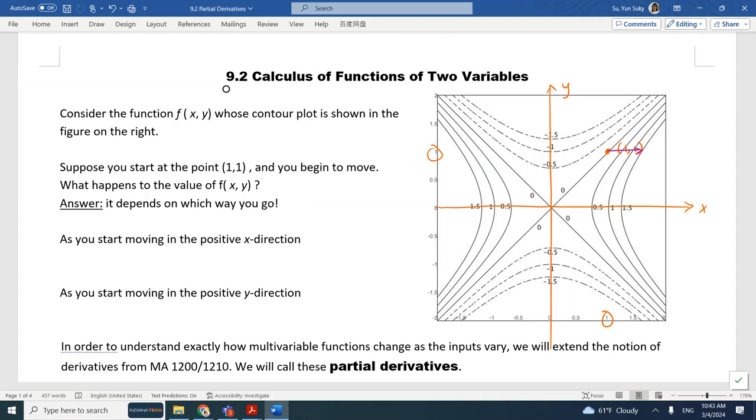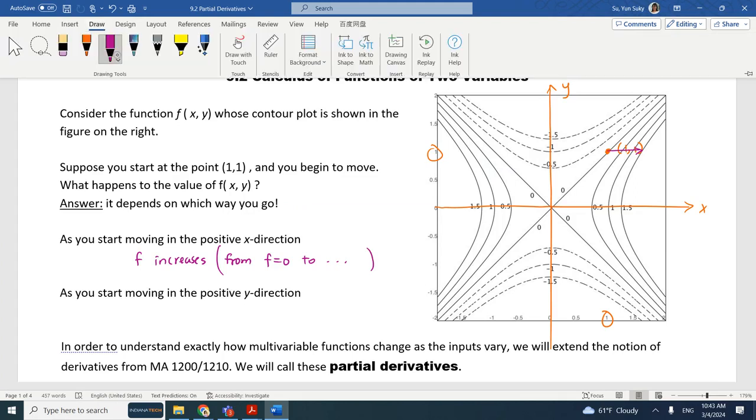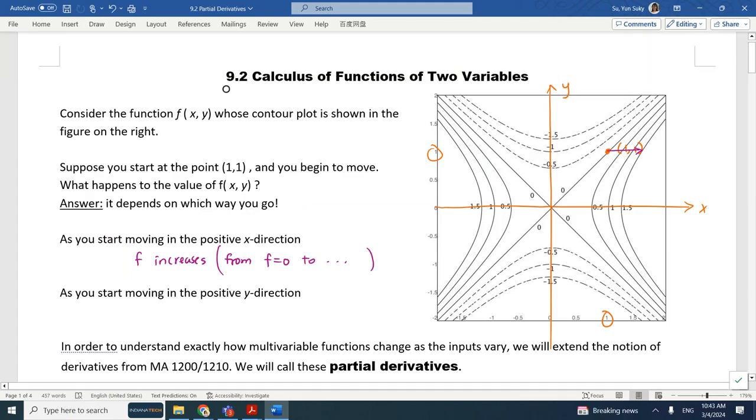So we can see f increases from f0 to a bigger value. Okay? And if we start moving in the positive y direction, what happens?